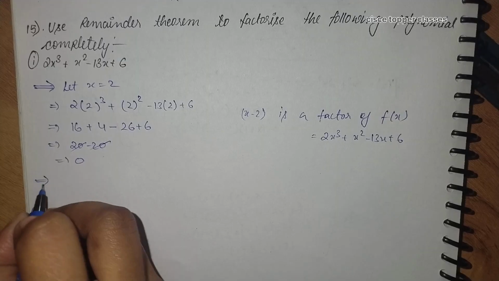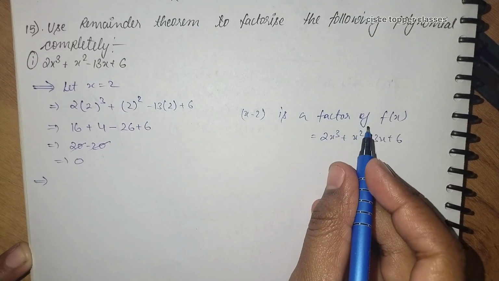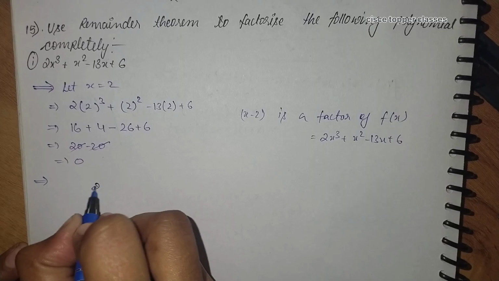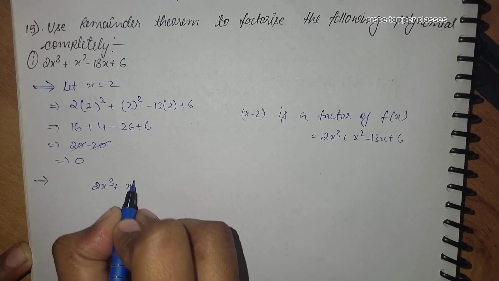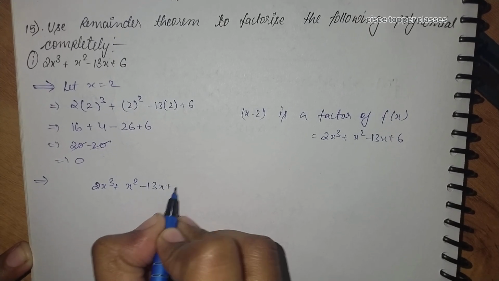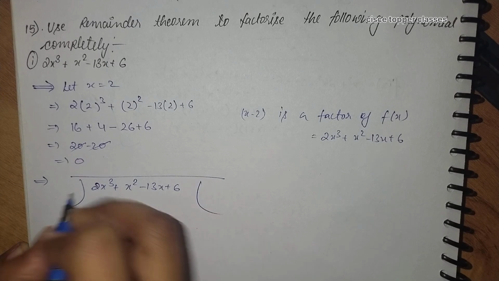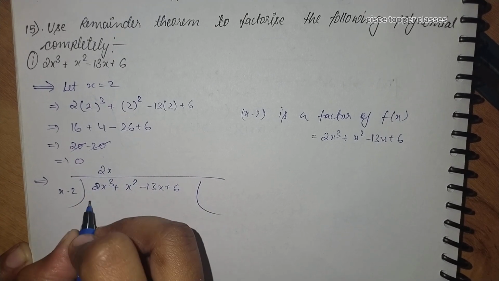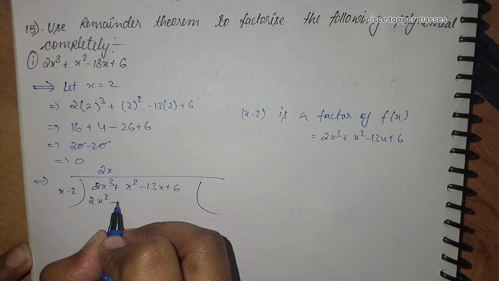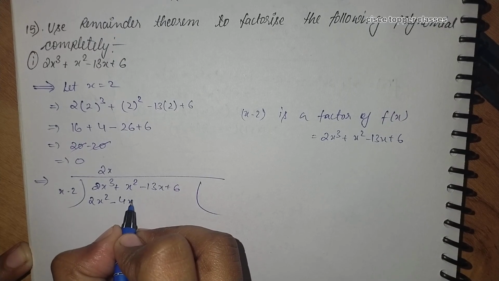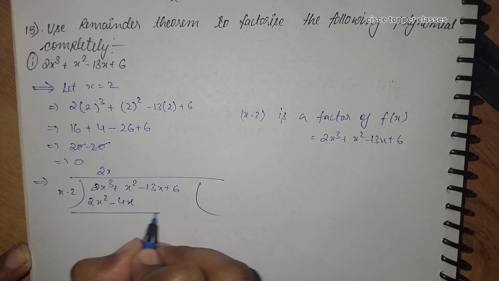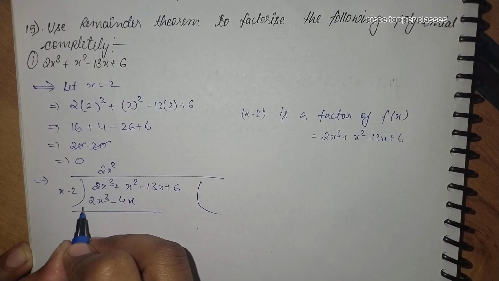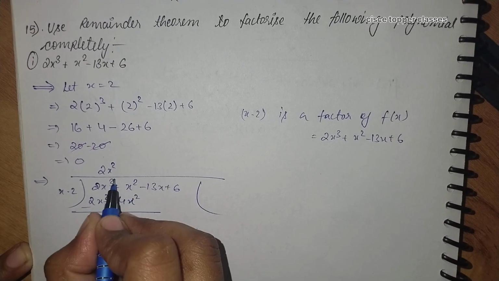And now from that we can write, if it is the factor of fx here, then on factorizing, 2x cube plus x square minus 13x plus 6, dividing with x minus 2, that is 2x square here, it will become 2x cube minus 4x square, cancelling this part, and here is square.